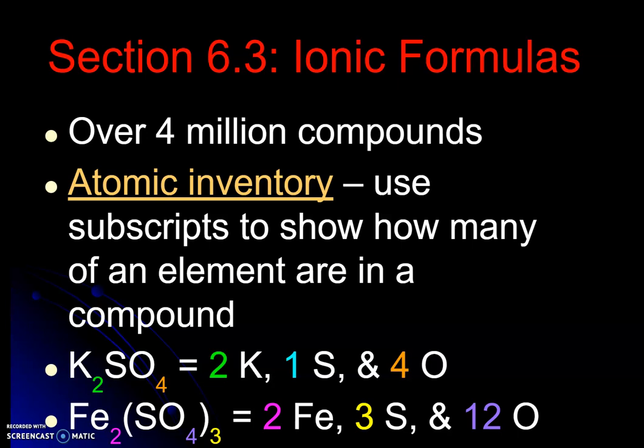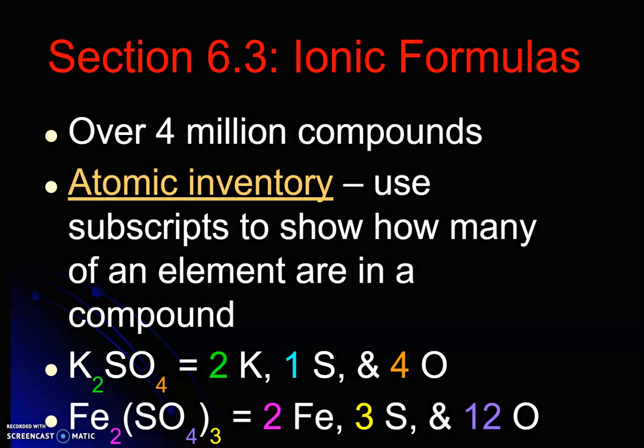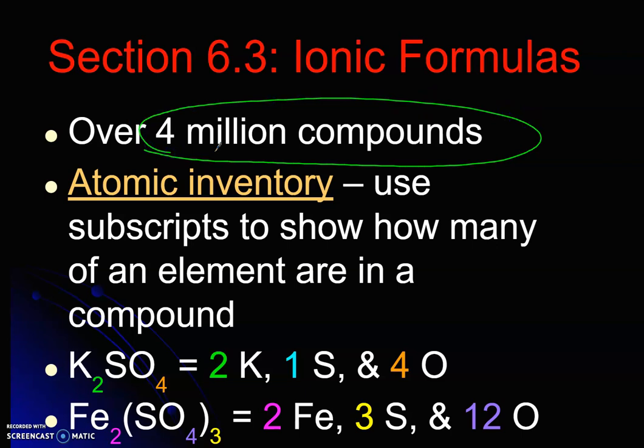All right, so our ionic bonds are going to encompass the 118 elements that we have put in some sort of metal, non-metal order, and we can make over 4 million compounds. So we need to be able to use an inventory in order to determine how much of each element we have.